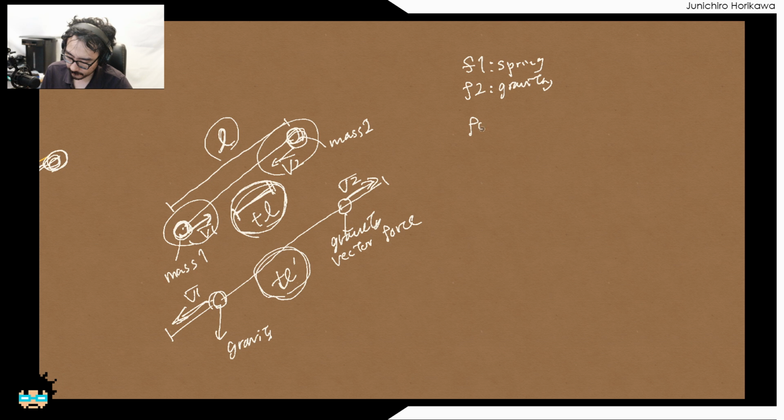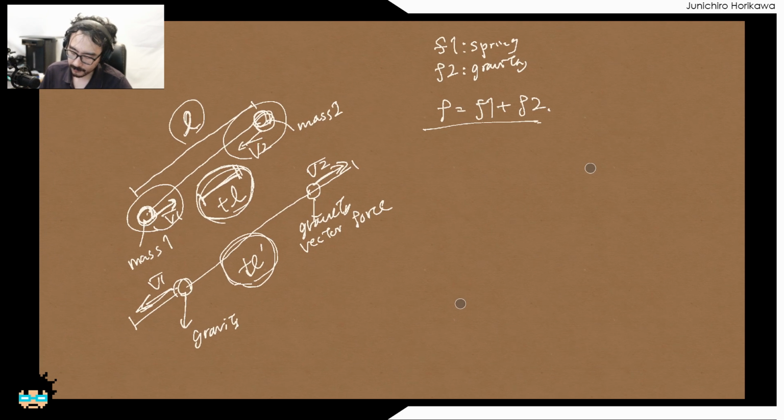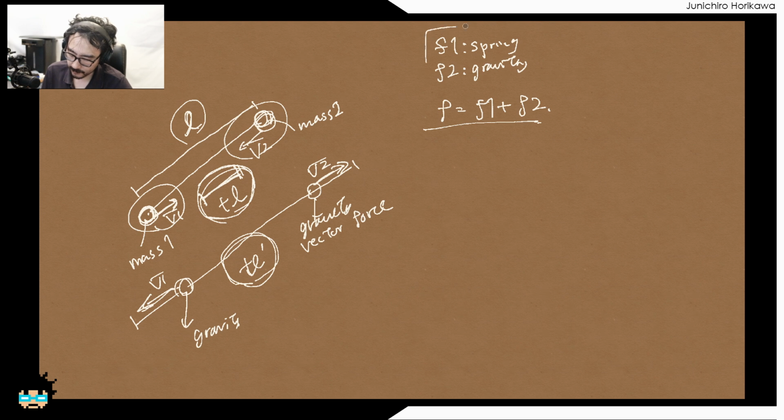And the final force, just call it F, is the addition of F1 and F2. We already did the gravity force, so I'm just going to look at how we create this spring force.